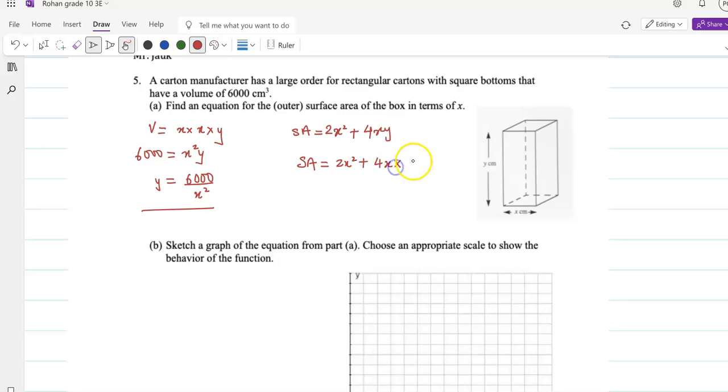What's my y? 6,000 upon x squared. Correct. So surface area is equal to 2x squared plus 4 times 6,000 upon x squared times x, so 6 4s are 24, 24,000 upon x.